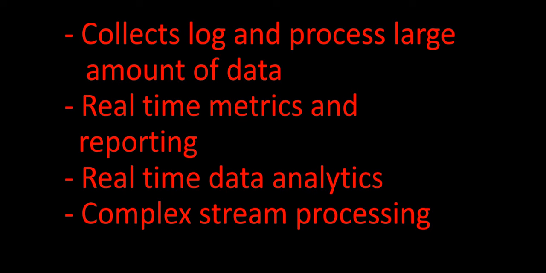So what does Amazon Kinesis do? It collects, logs, and processes large amounts of data, and it gathers real-time metrics and reporting for analysis purposes. You can do real-time reporting using Amazon Kinesis, and it also supports complex stream processing.